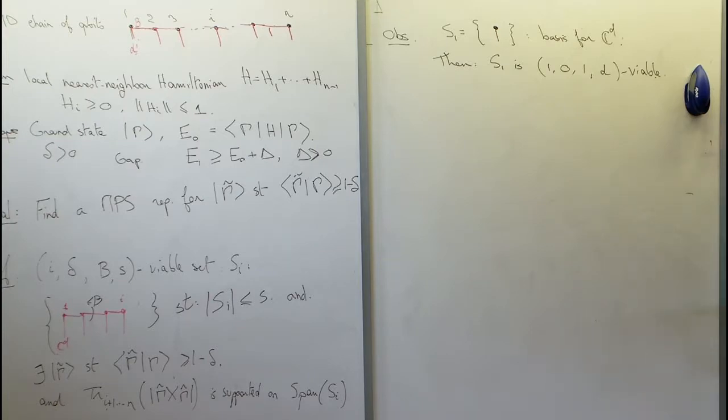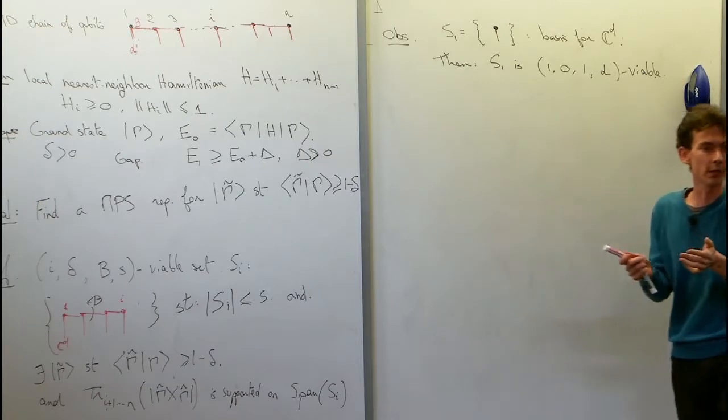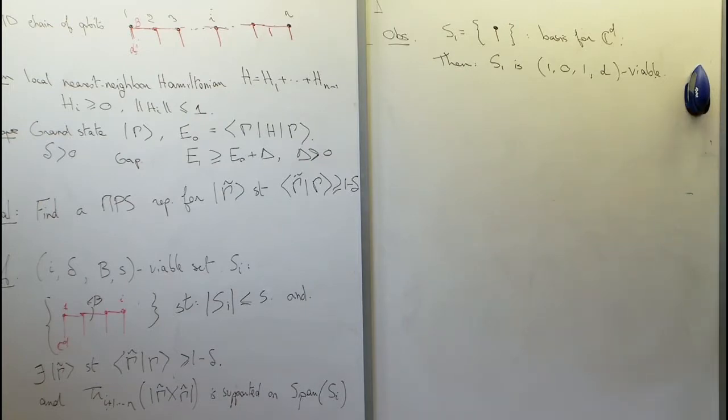Is this clear? Because whatever my approximation to the ground state is, it has a reduced density on the first qubit. And that reduced density on the first qubit is supported on the space on which the first qubit lives, right? So if I take a basis for that space, I'm sure that I'm good. Is that okay? What is the last component?